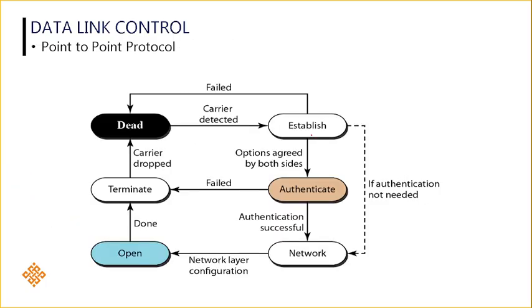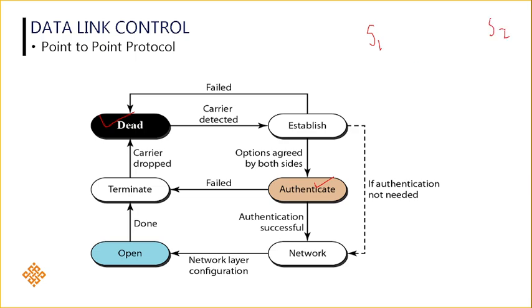And lastly, we have the transition phases of Point-to-Point Protocol. So we have totally 5 transition phases and one optional known as authentication phase. So let's start from the dead state. First, there will be a dead state of any node, like system 1 and system 2 are there.